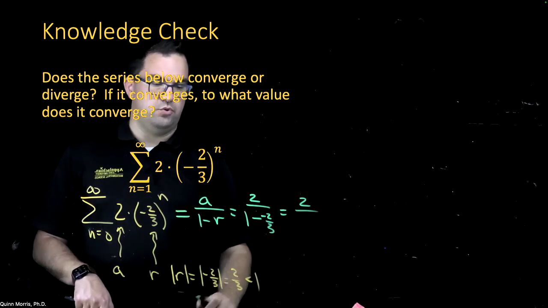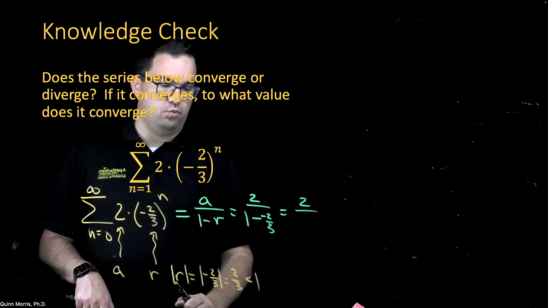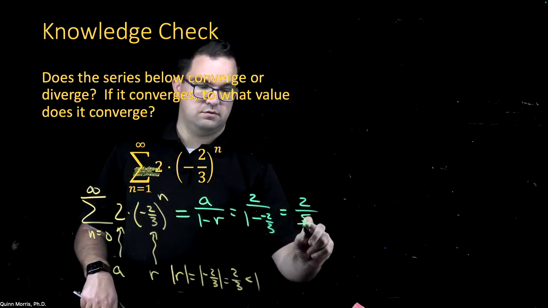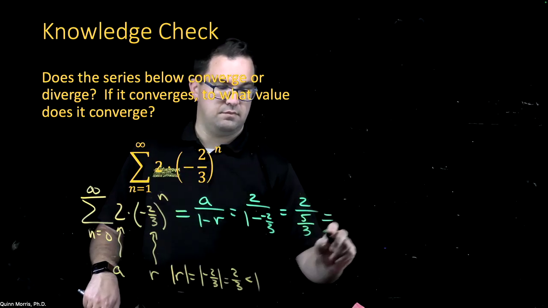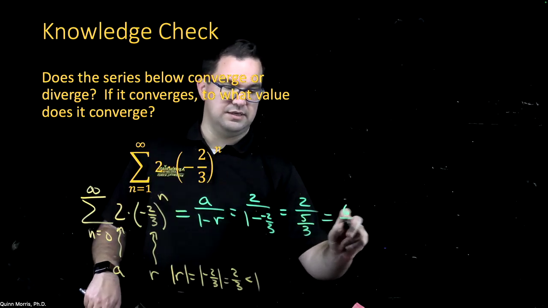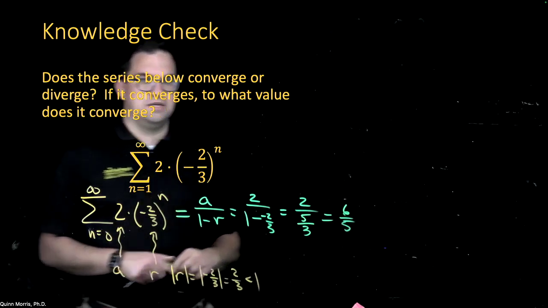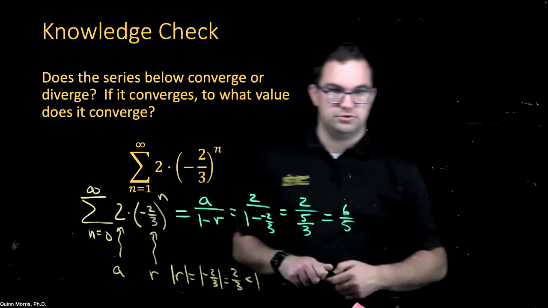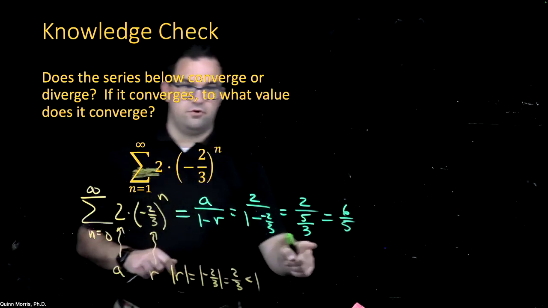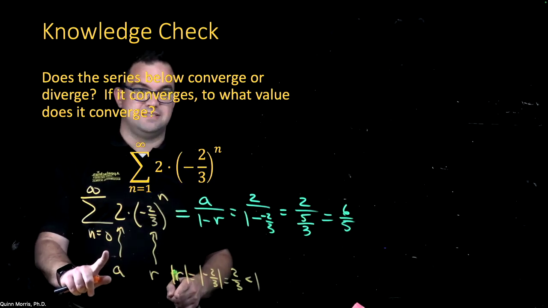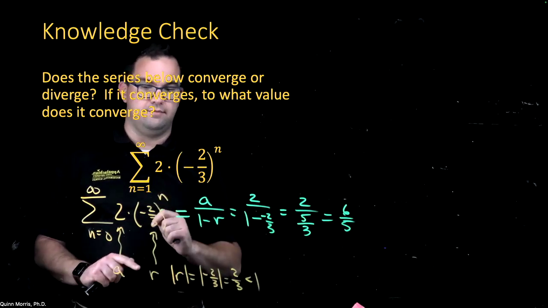So this will be 2 over 1 plus 2/3, or 5/3. And so this will end up being 6/5. So this series does in fact converge, but we have to be careful about what it converges to, right? This is the sum starting at 0. I want the sum starting at 1.